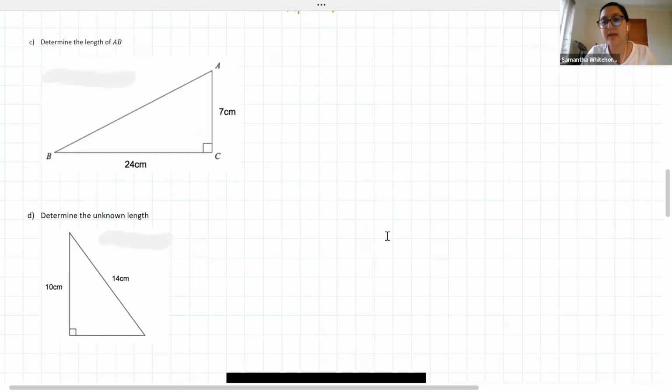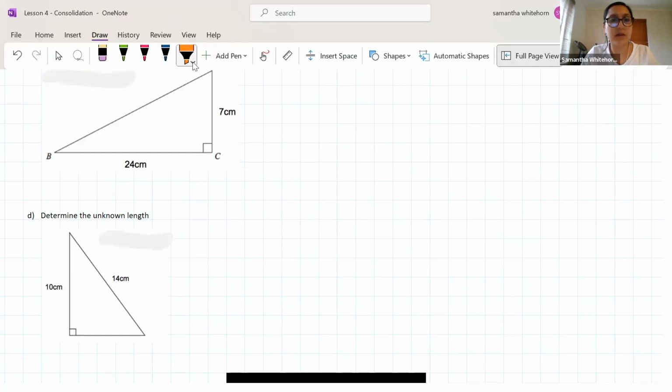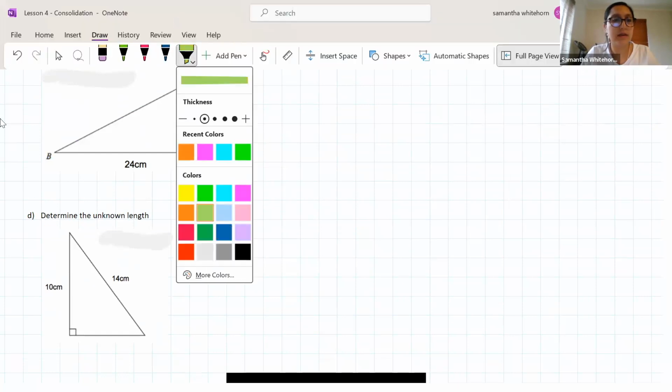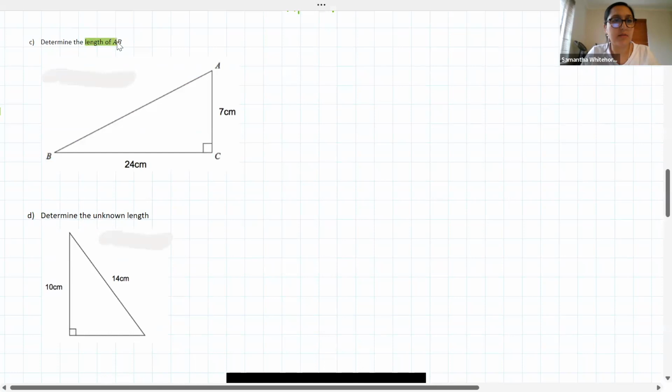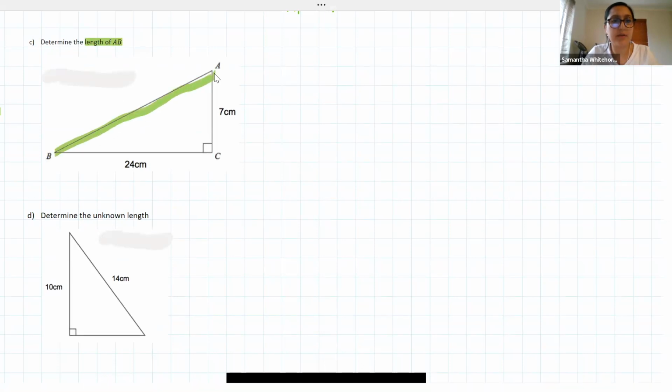Okay, so again, C and D, you are looking for the unknown lengths here. Let's try them both at the same time in this instance. First one, I'm looking for the length of AB. So there's AB for you. And the second one, I've just said the unknown length.